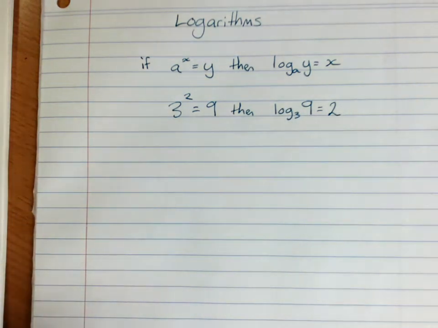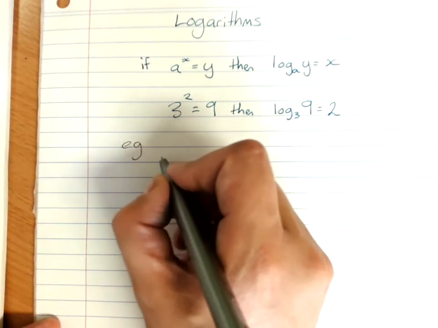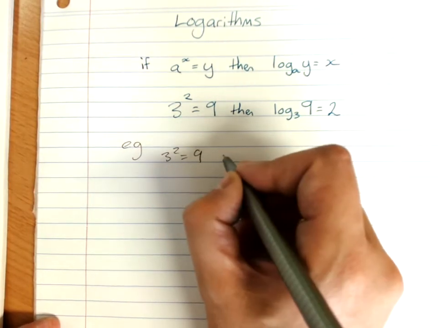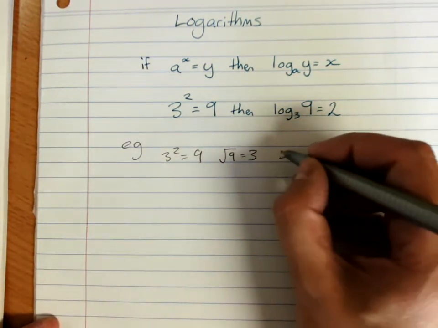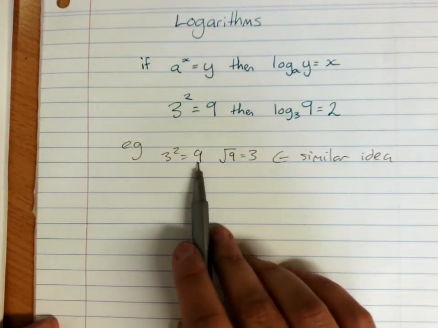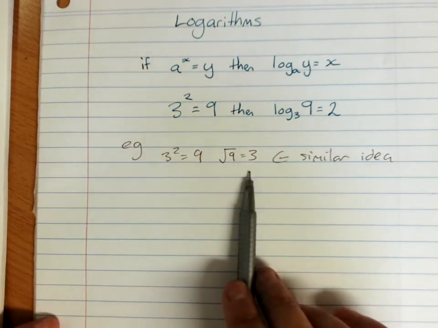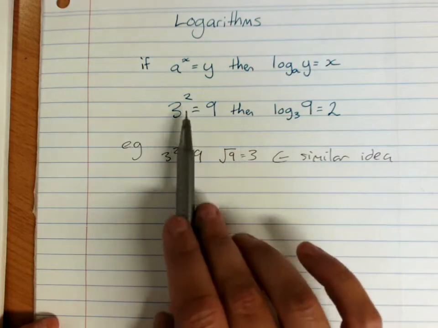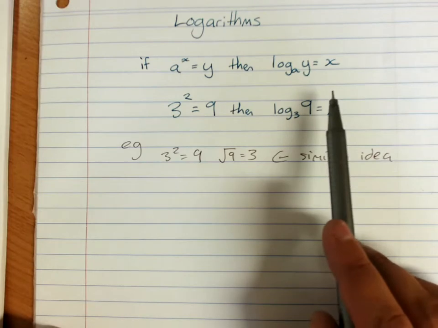You can think about it a little bit like square and square root. So, for example, if I say 3 squared is 9, the square root of 9 is 3. It's a similar idea. This is giving us the same piece of information, just represented in reverse.